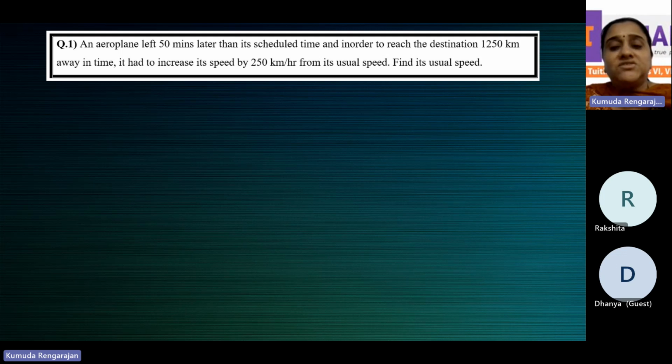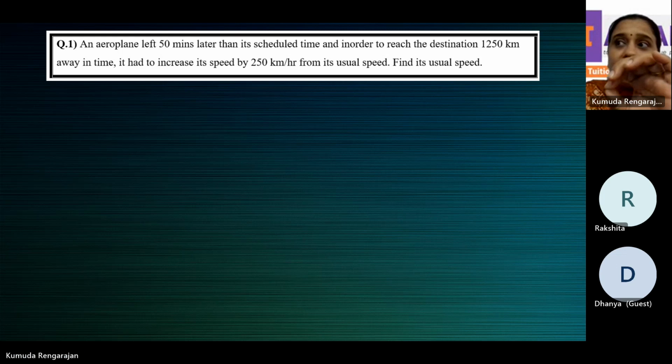And then what's the distance? 1250 kilometers. So supposing it starts at 4 o'clock and reaches at 6, that is with the usual speed. But if it starts at 4:50, 50 minutes late, it has to reach at 6 o'clock.